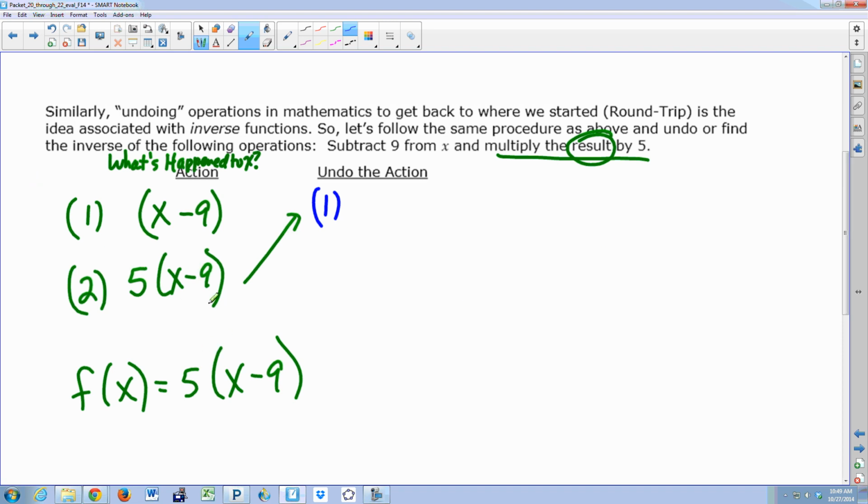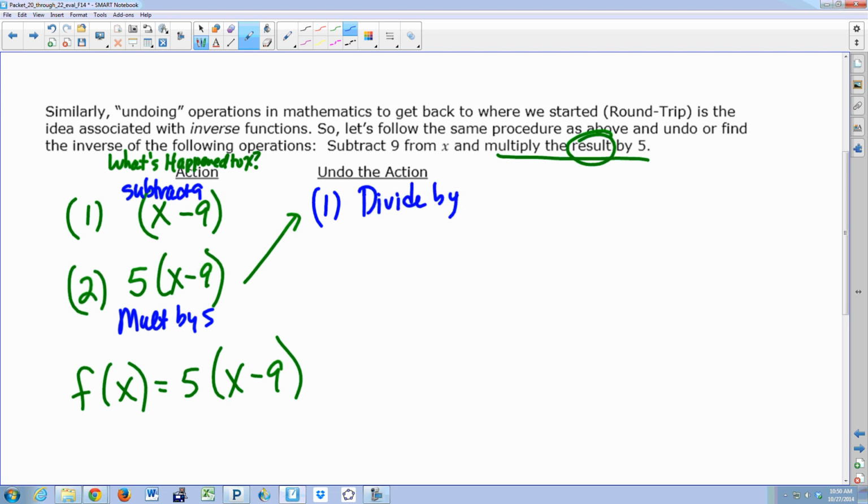All right, I multiplied by 5. So let's put it in words. Multiply by 5. And the first thing I did, so it's not all in symbols, is to subtract 9. Okay. So the first thing I'm going to undo here, Jesse? And how do I undo that? Divide by what? Right, divide by 5.